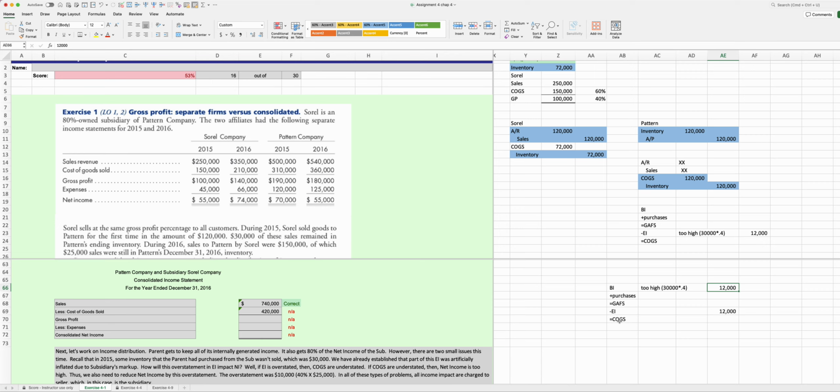And we're still not done, because they tell us that in 2016, there were intercompany sales of 150,000, of which 25,000 in sales are still in Pattern's ending inventory. So again, we have to do the same analysis, where we can get rid of that because that was the previous year's amount.